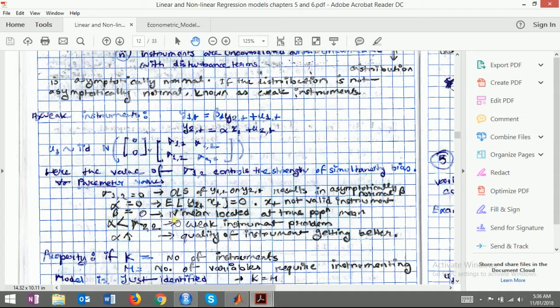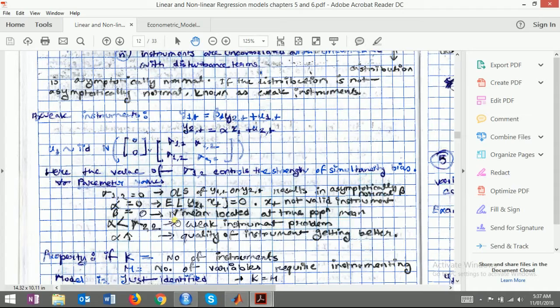Here the value of sigma 1 2 controls the strength of simultaneity bias. So with the parameter value sigma 1 2 equals 0, OLS of y1t on y2t results in an asymptotically normal beta. Alpha equals 0 means the correlation of y2t with xt is 0.